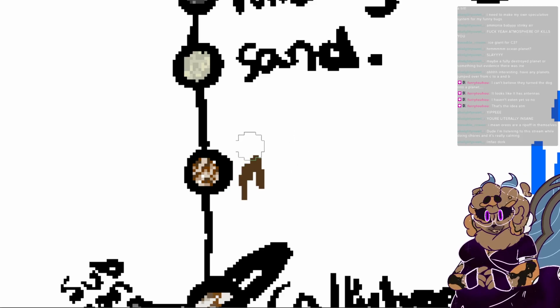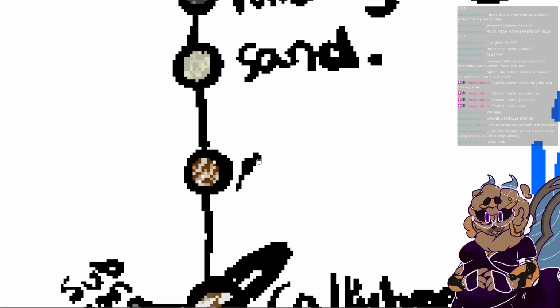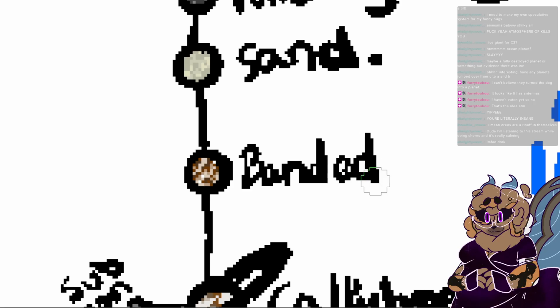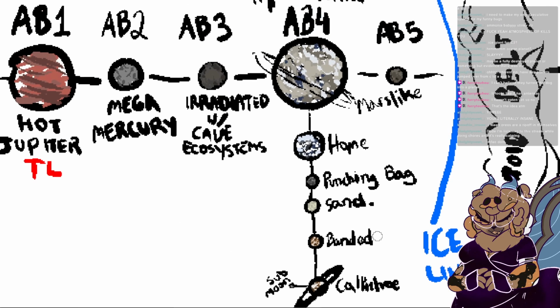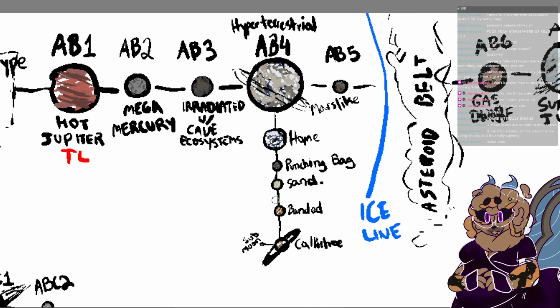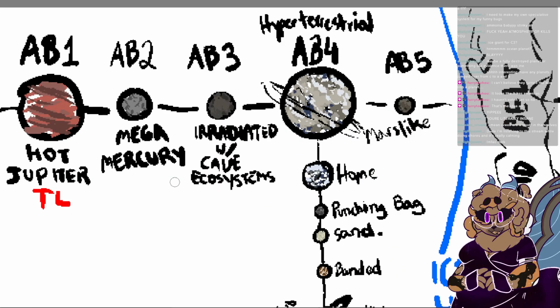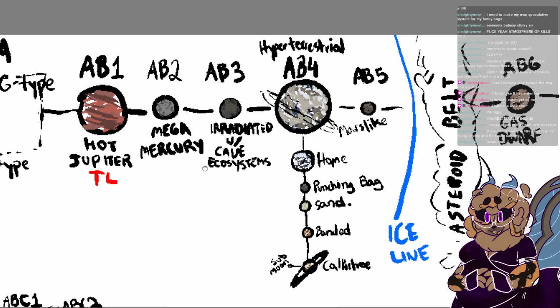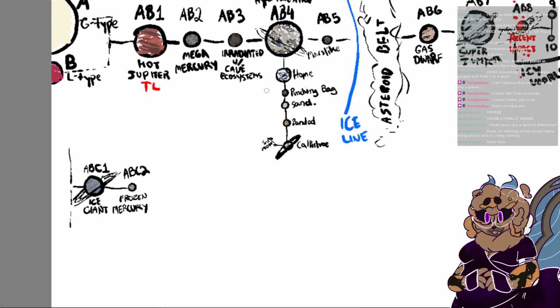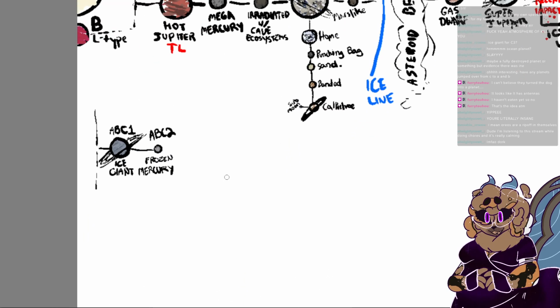Oh, I still have that red color selected. Let's just label it banded for now. And I think my philosophy for making this diagram here is I'm only going to be making the most notable satellites for the objects. I'm not going to do minor satellites yet, like all the little asteroid moons.